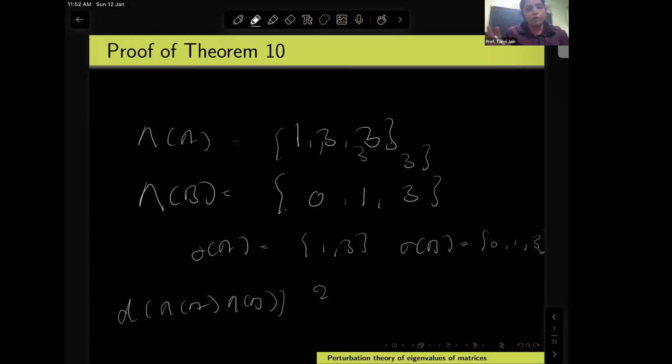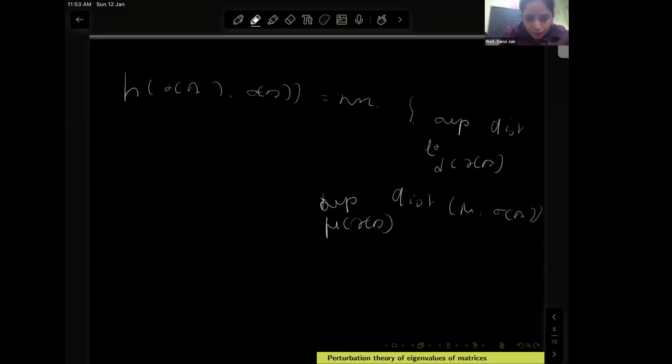Because we are working with finite sets, and the spectrum of matrices is always finite, I don't have any issues. It's easy to see, at least for finite sets. So what is a simple algorithm to calculate the Hausdorff metric in our context? Pick one set, take every element of that set, and take the distance of that element with the other set.